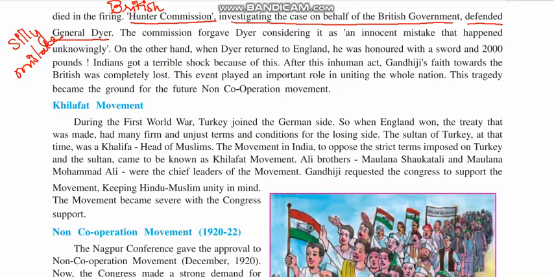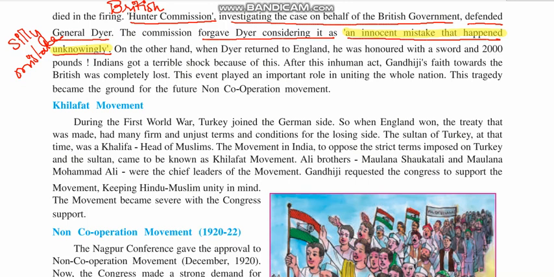The commission forgave General Dyer, considering it an innocent mistake that happened unknowingly. See these words: an innocent mistake that happened unknowingly. Now, killing of thousands of people, how can it be an innocent mistake? But he was considered innocent.